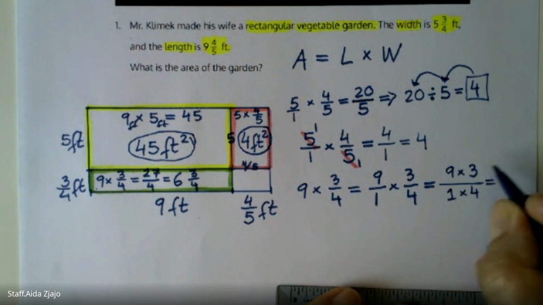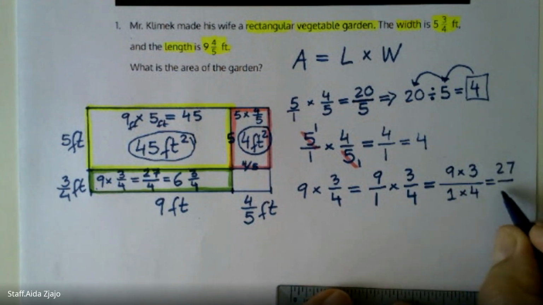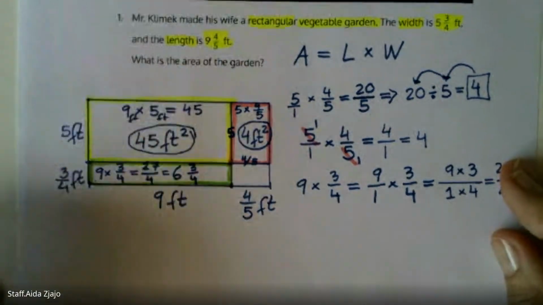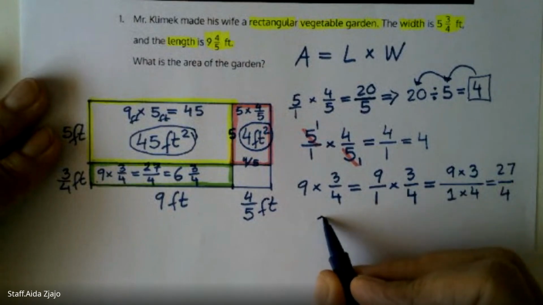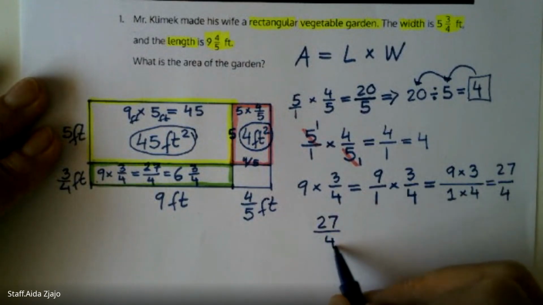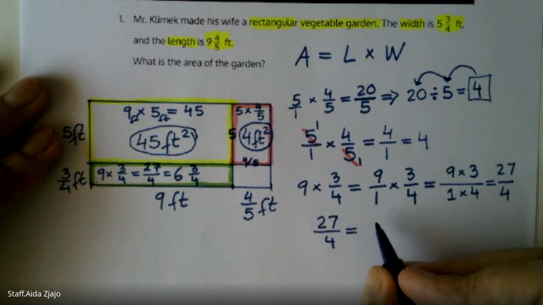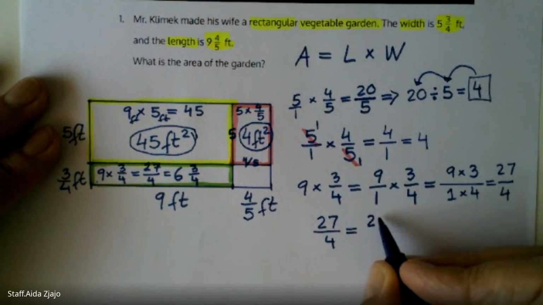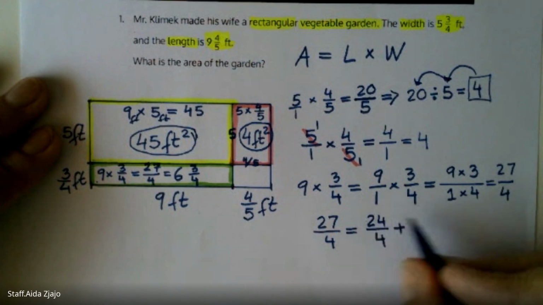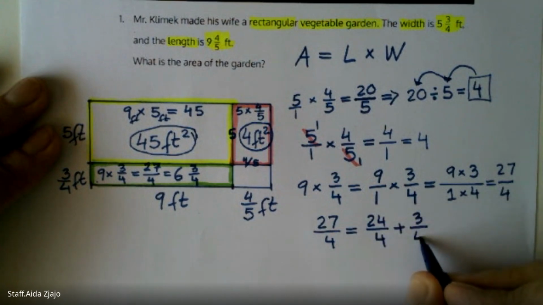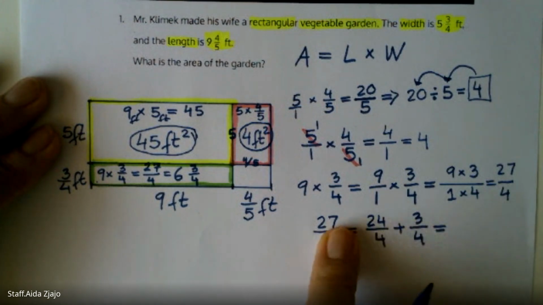So 9 times 3 is 27, and 1 times 4 is 4. I can see that 27/4 is the same as, if I think about 4 times 6 is 24, that means 24/4 will give me a 6, and I will have 3/4 left. 24 plus 3 makes 27.